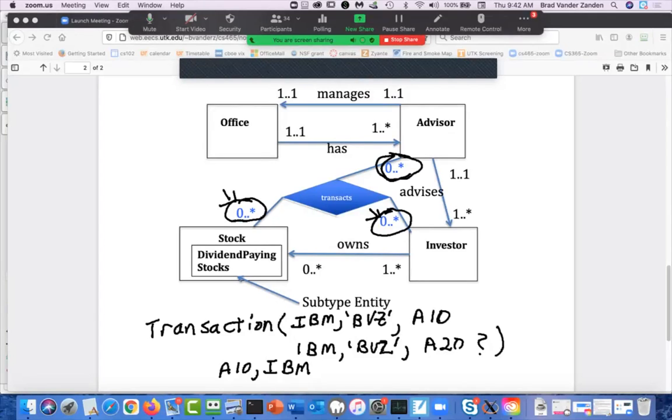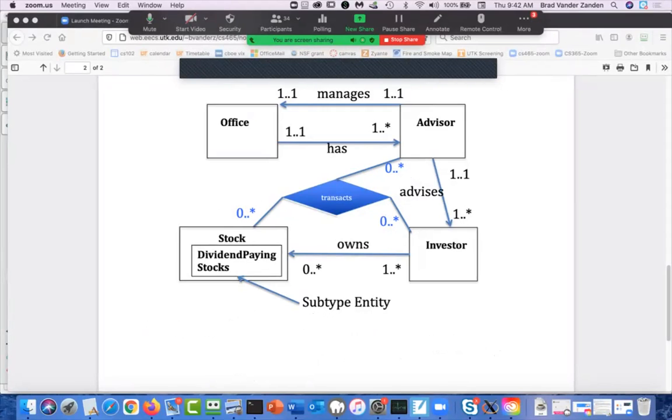The fact that multiple advisors may purchase the stock for an investor may or may not be so clear or obvious. Okay, I know I've covered a lot, but hopefully this will give you some idea of how you want to tackle a problem like this on an exam or on the homework assignment.